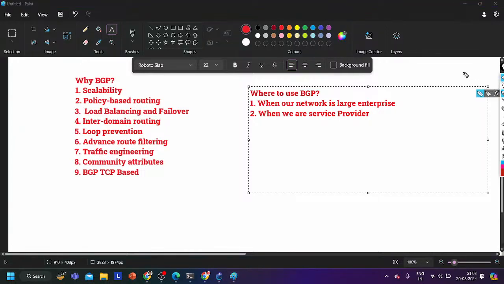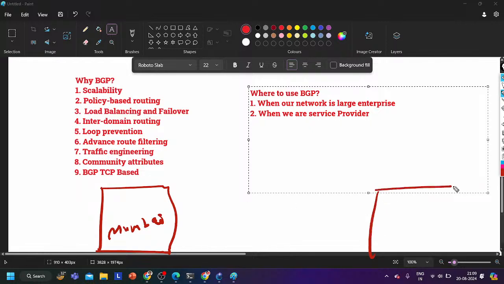Connectivity between two points. Let's say I have one branch office in Mumbai, India, and I have another branch office in the same country at a different city, Delhi, right?